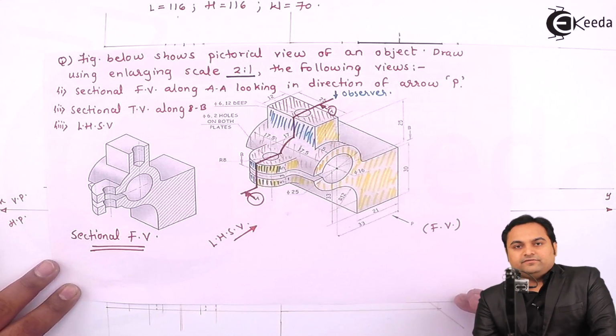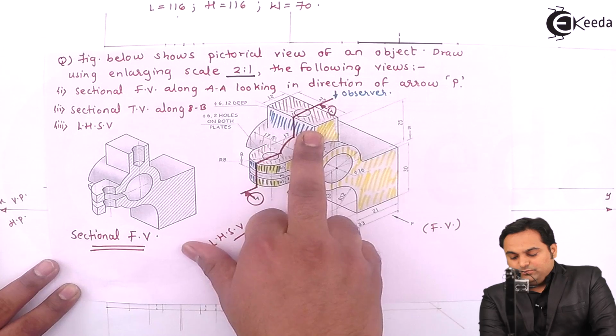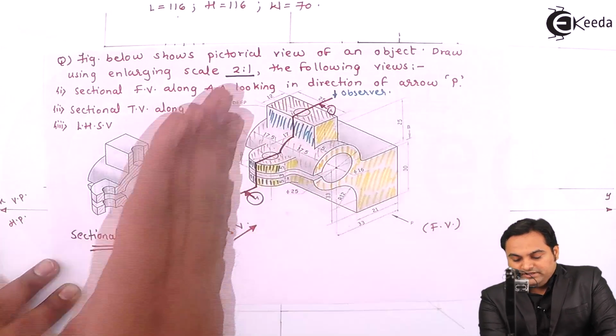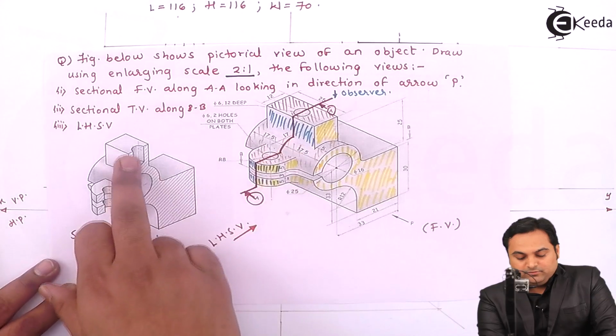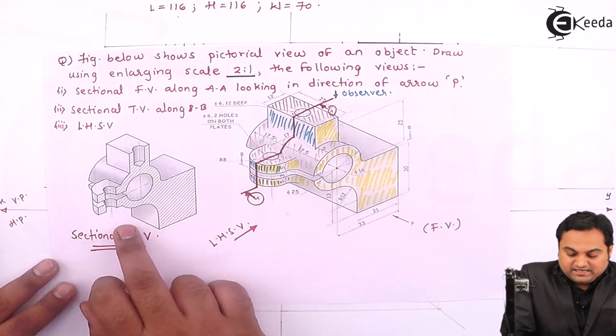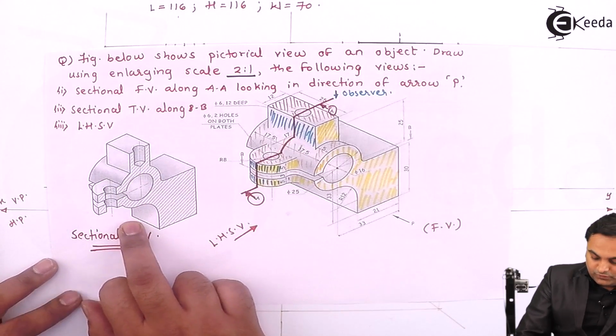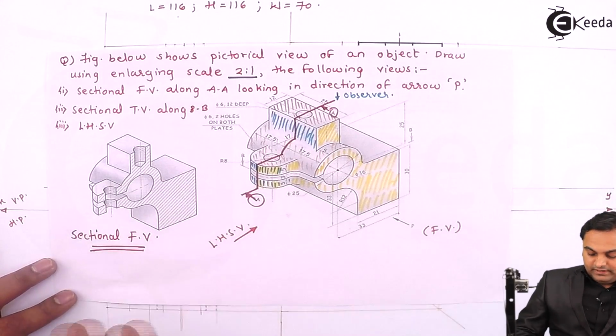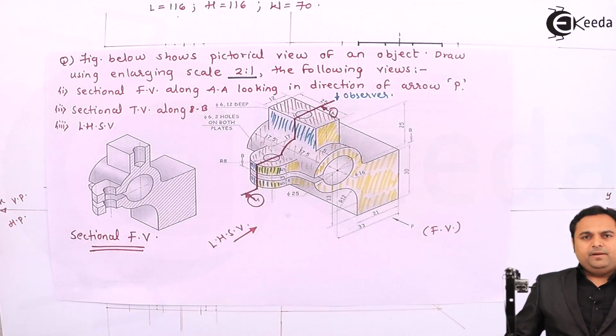When we are drawing the plane front view, this rectangular portion, cylindrical portion, they are on different planes, but when the cutting plane passes through them, they come onto the same plane like this, which has been shown here.